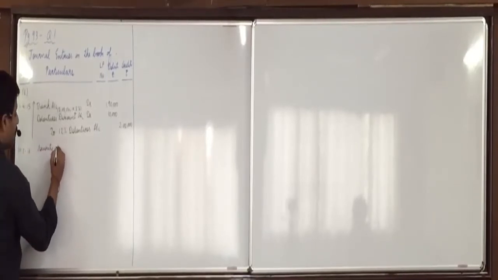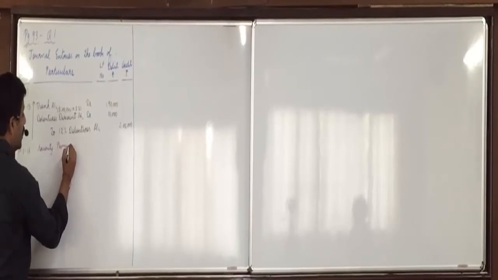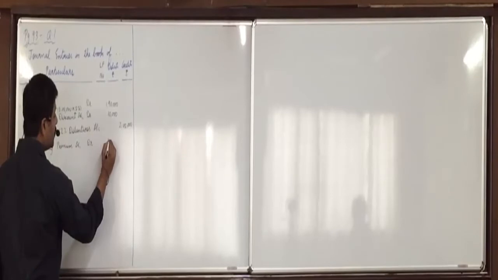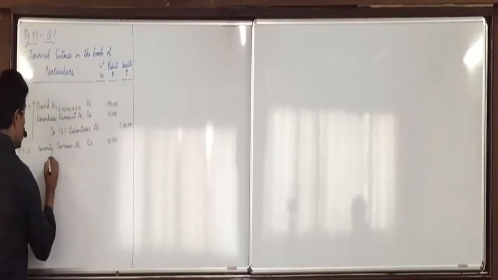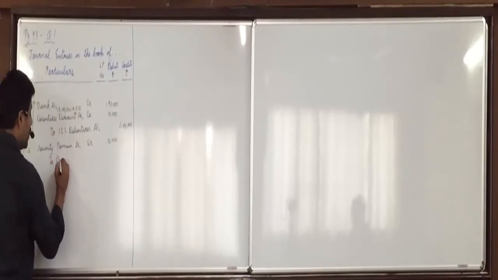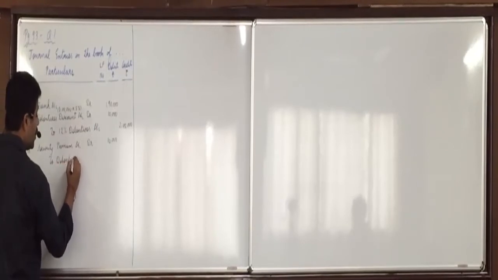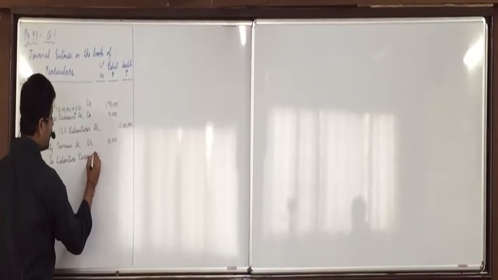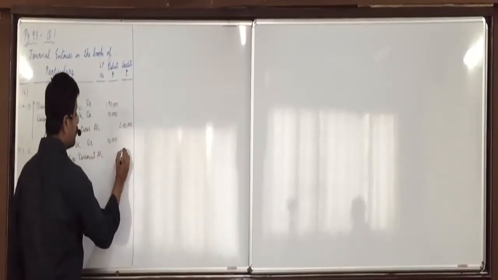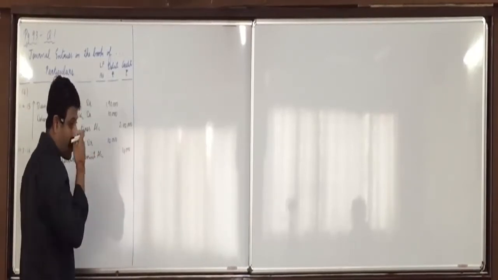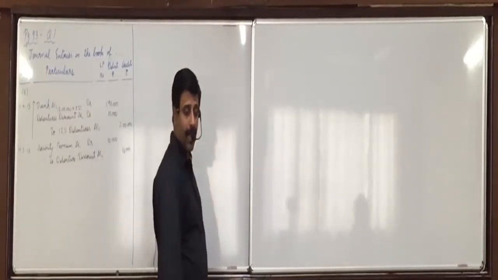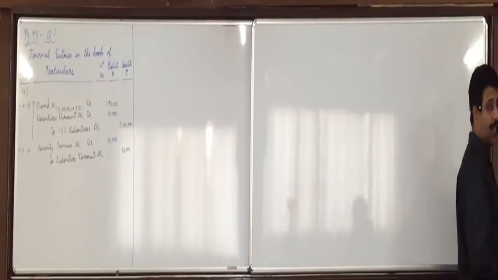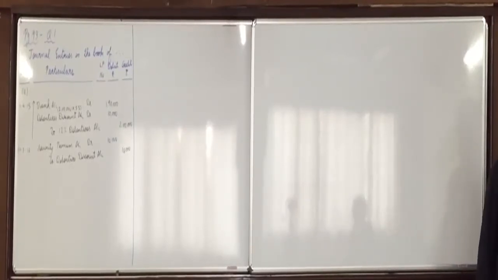Security premium account debit 10,000 to debenture discount account 10,000. Did you understand this? B. Debentures discount written off.